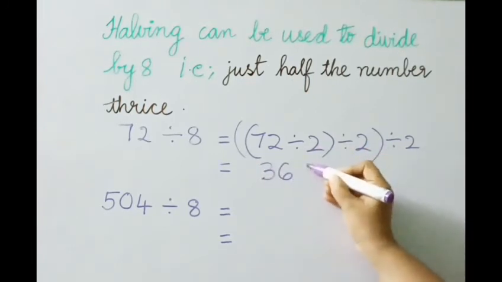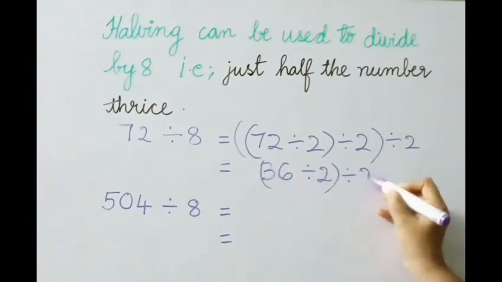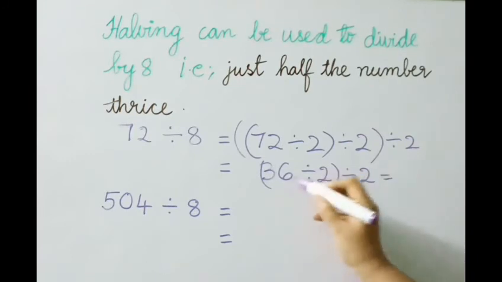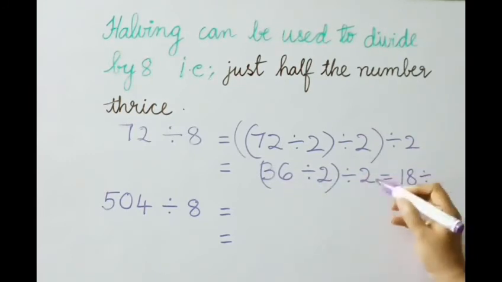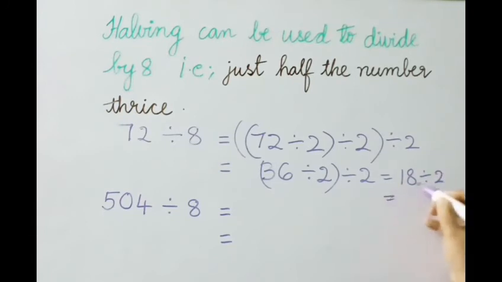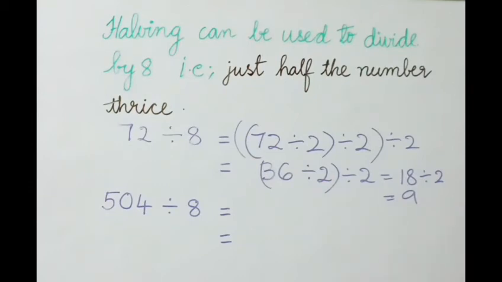Now this 36 is again divided by 2. 36 half is 18. 18 again divided by 2, 18 half is 9. So 72 divided by 8 is 9.